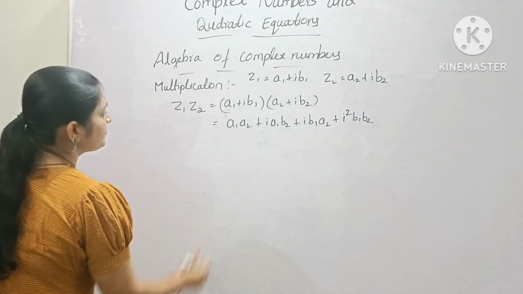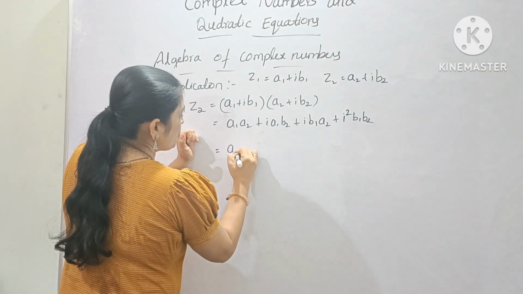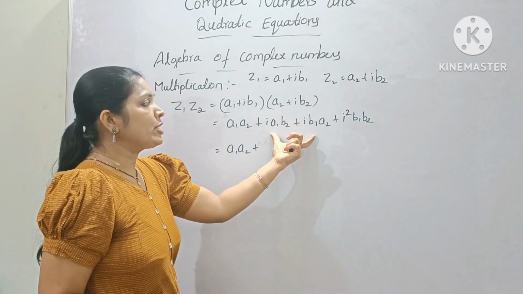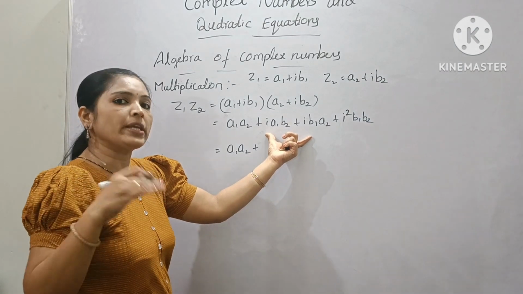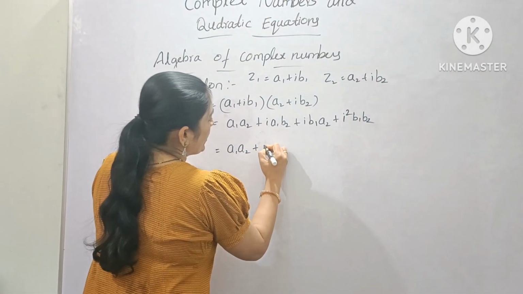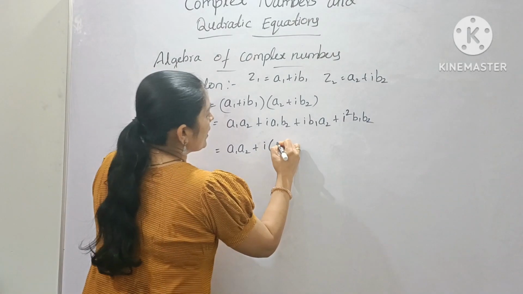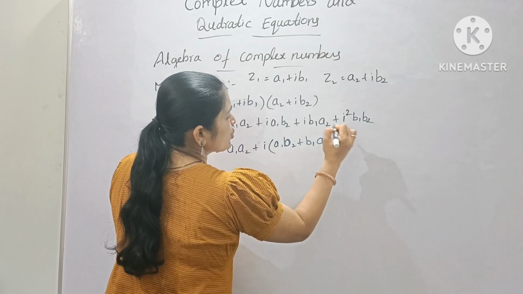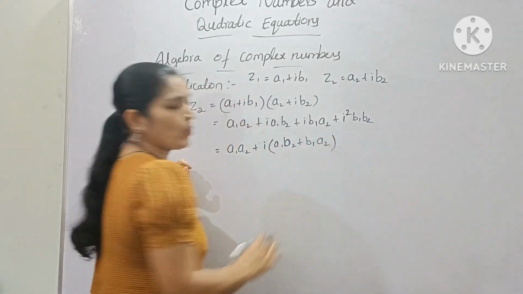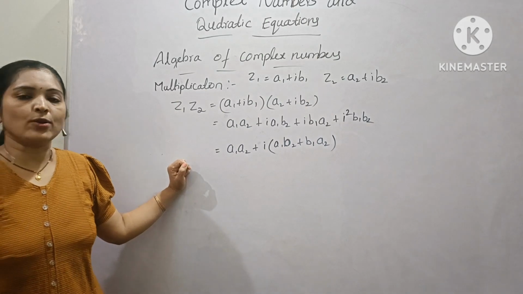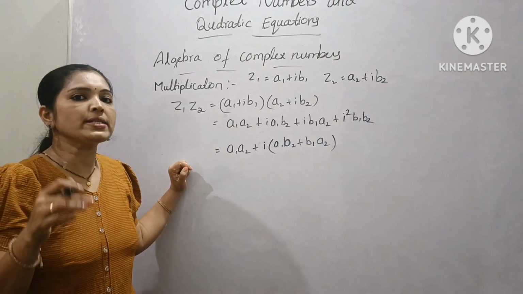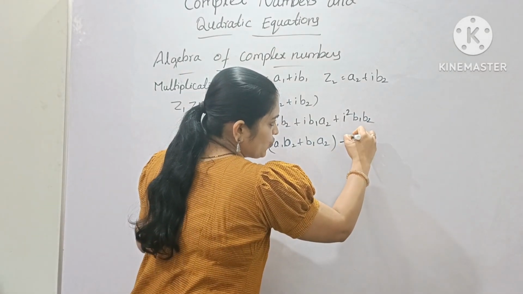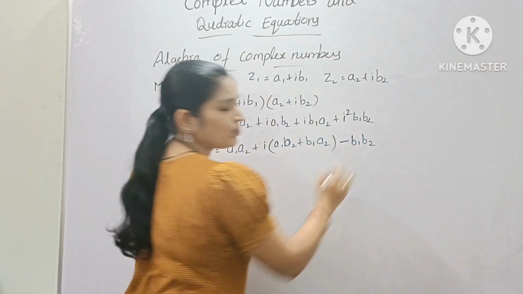So next step, a1 a2, write as it is, plus, in these two terms i is common, so we can take it out: i (a1 b2 plus b1 a2), plus i square b1 b2. What is the value of i square? i is equal to square root of minus 1, so i square is nothing but minus 1. So minus 1 into b1 b2.